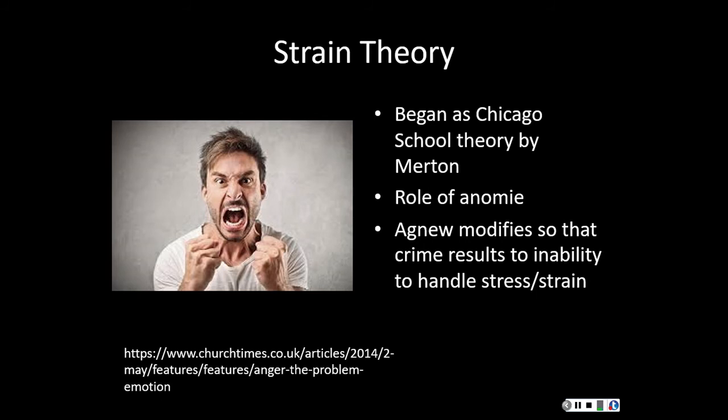However, a gentleman by the name of Agnew modified strain theory and said, you know what, this isn't something that's just low income. People commit crimes because they can't deal with stress. All right? And strains of trying to just live in everyday life. And those that are under this extreme strain are more likely to commit crime. This has become a major school of criminology and is something that is currently actively studied. That said, we still will now and then see an occasional study that looks at anomie theory.